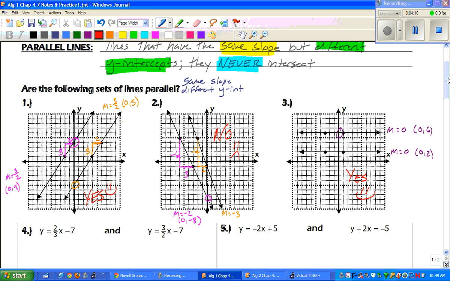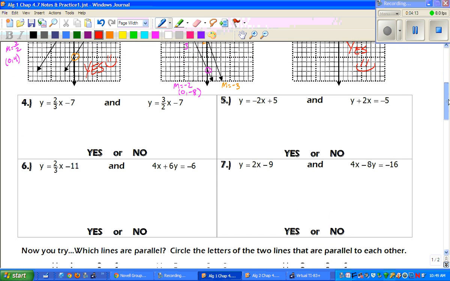Now, let's take a look at the next part. Now they're giving us equations. How are we supposed to figure that out? Well, if you remember correctly, the slope can be identified from slope-intercept form, which is y equals mx plus b.